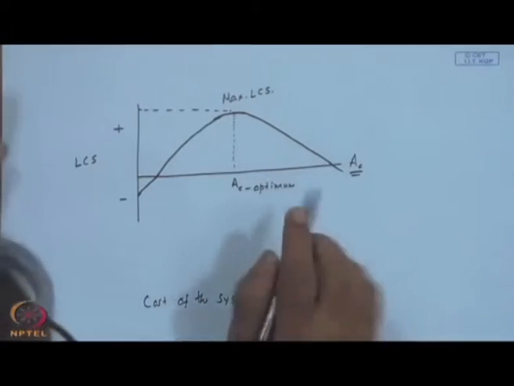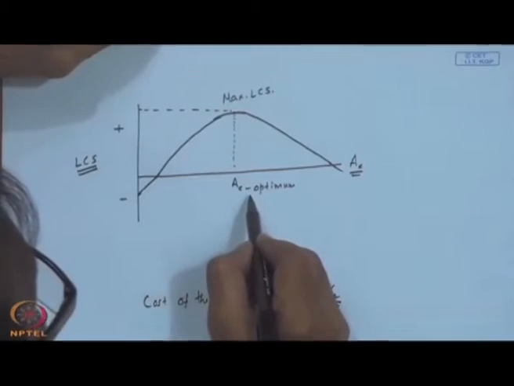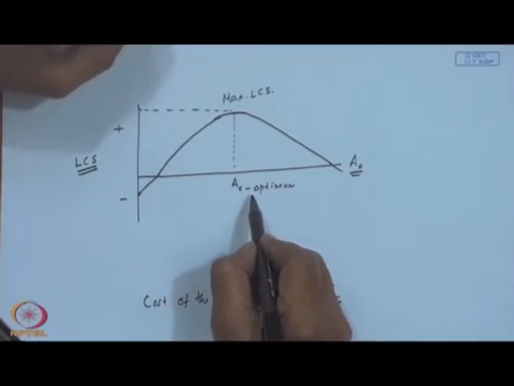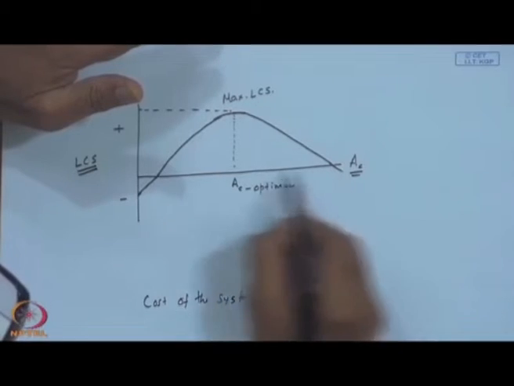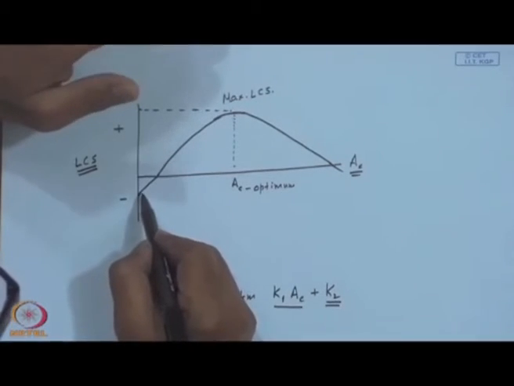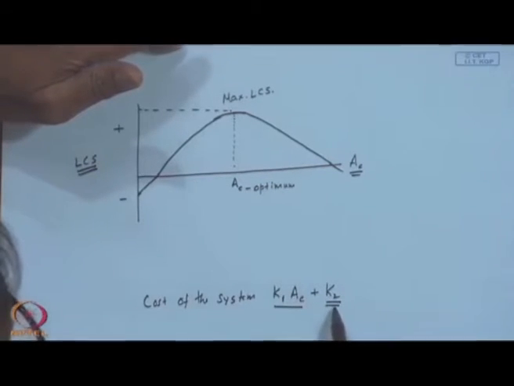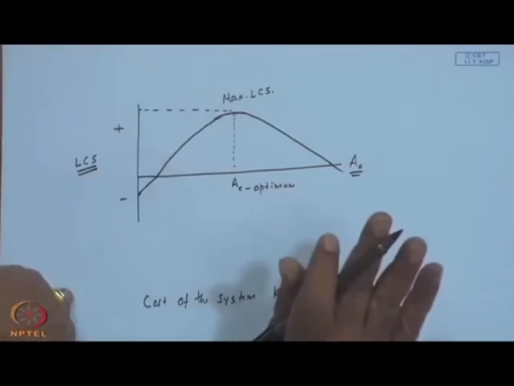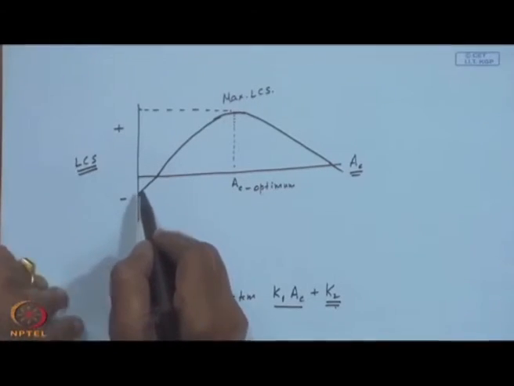Whatever may be, we are finding out the life cycle savings, because as area increases, my life cycle savings do not linearly increase. There will be a maximum and there will be a minimum, and this negative thing is a mathematical way of saying, as AC tends to 0, this area independent cost still costs the owner something. So, his life cycle savings is negative.